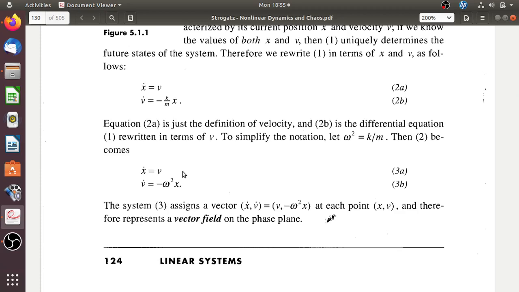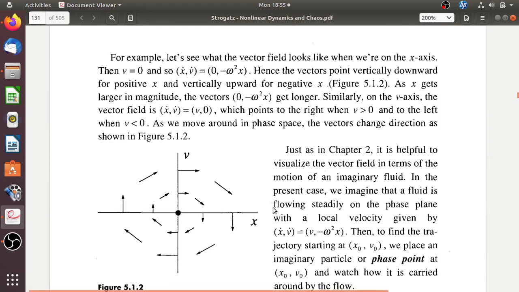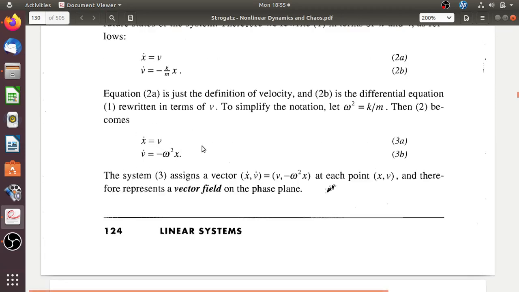However, what we are going to do is just plot x versus v, and in this x versus v plane we are going to plot this equation somehow, and then we will identify how the system behaves.